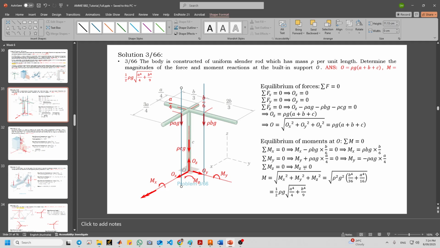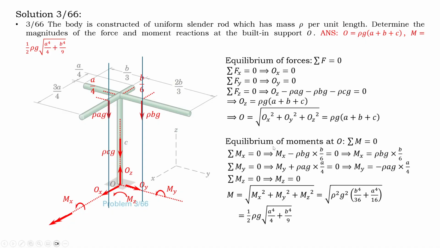We find MX, MY, MZ, and we know that the summation of FX, FY, FZ is 0. So let us find the force vector that is directed in z direction. Negative rho bg, negative rho ag are in the z axis, and rho cg and OZ.